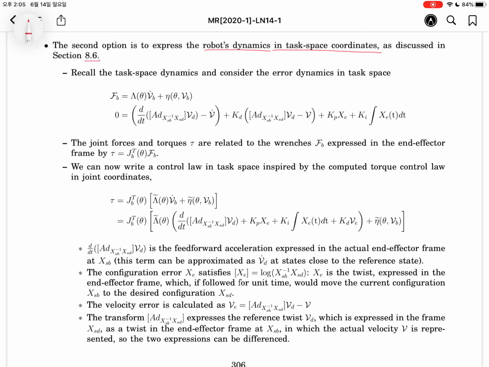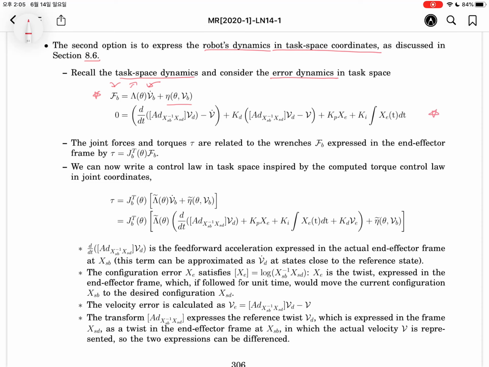Recall the task space dynamics. Maybe you know that this is the wrench, this is the acceleration of a twist. Nonlinear terms are here. This is the task space inertia. For given task space dynamics, let's assume the task space dynamics.